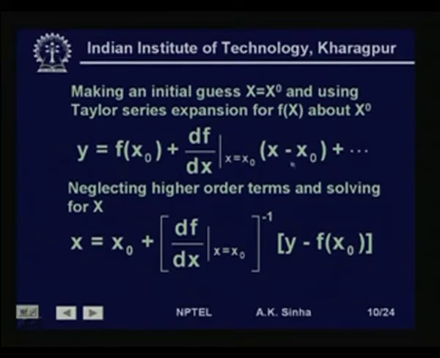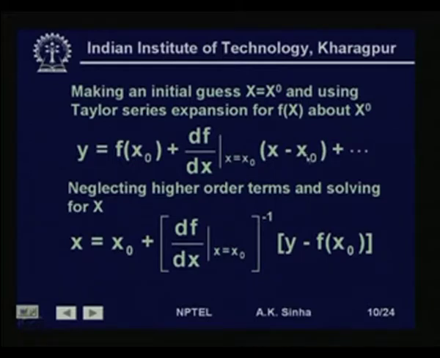That is from this expression itself, if we forget the higher order terms, then we can write y minus f(x 0) on this side, and df by dx at x is equal to x 0 into (x minus x 0).